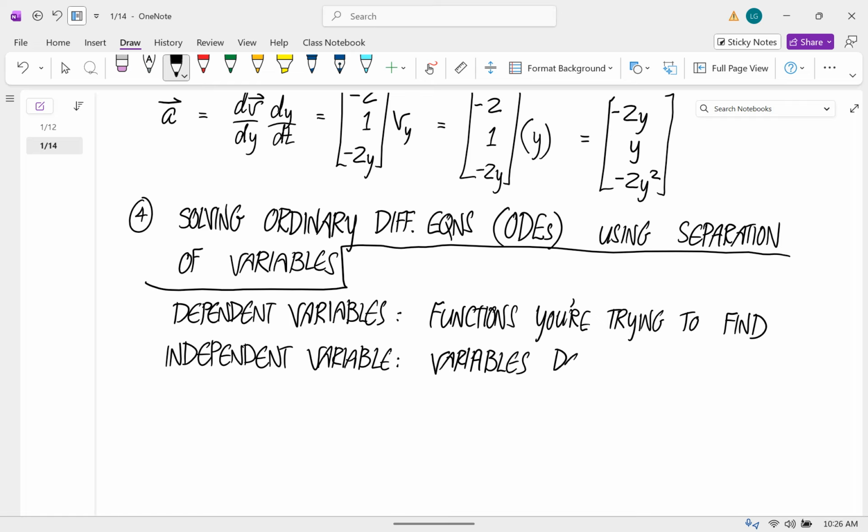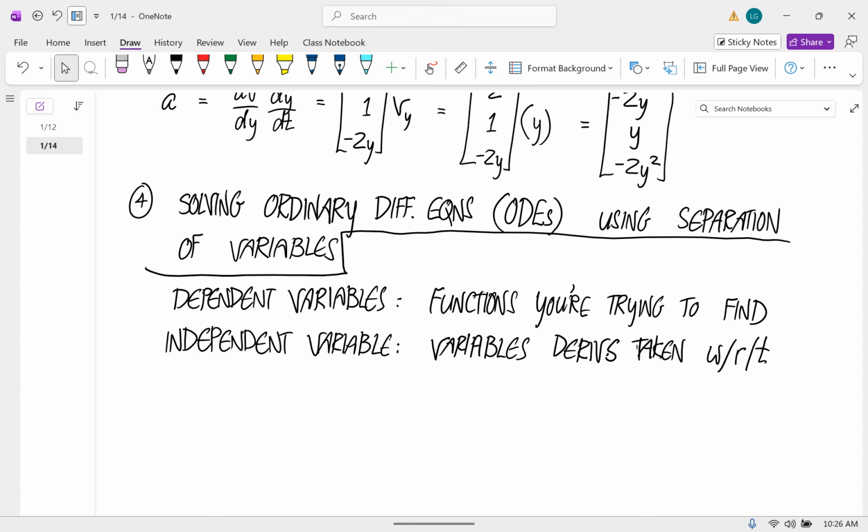The independent variable is the variable the dependent variable depends on. That's right.